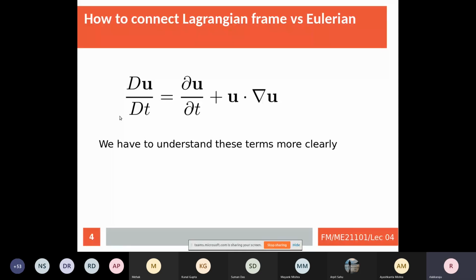This is the Lagrangian acceleration, for which you can straight away write Newton's equation of motion. In ballistics and so on, you might have used small du by dt, which is the same as capital Du by Dt in fluid mechanics. It is just the formal way people have used it. So we are going only with that definition.